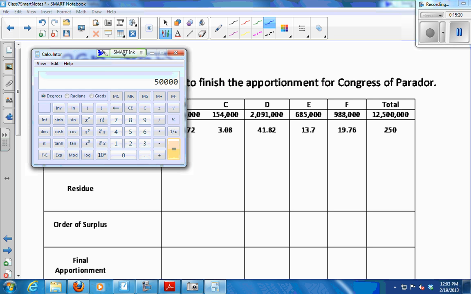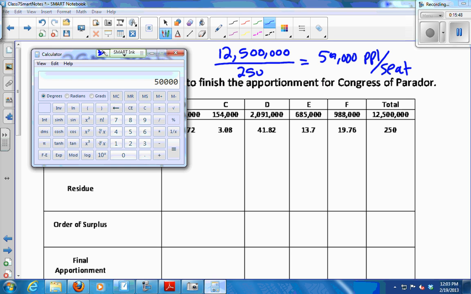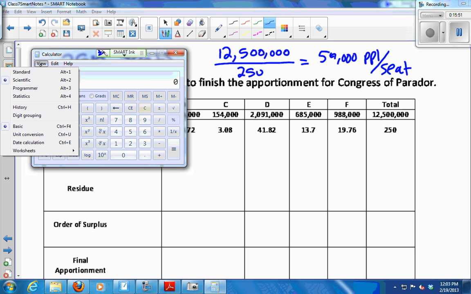So we do 12,500,000 people divided by 250 seats, 50,000 people per seat. So for every set of 50,000 people in the state, you get a seat in Congress. So we do each state's population divided by 50,000, and that's how many seats you get.